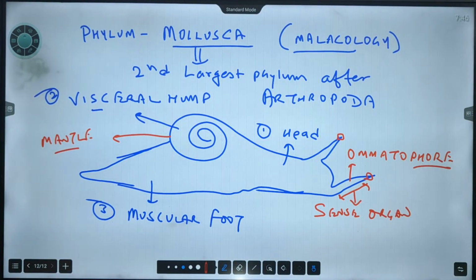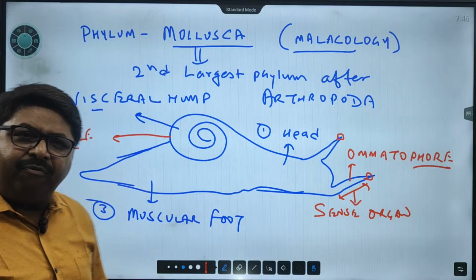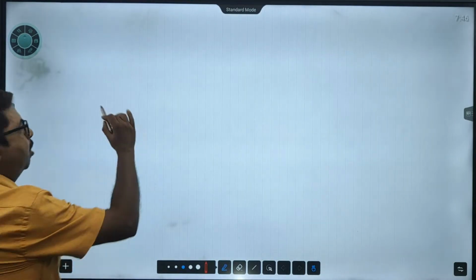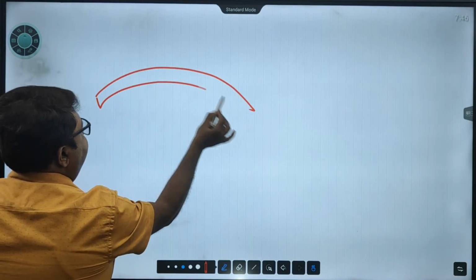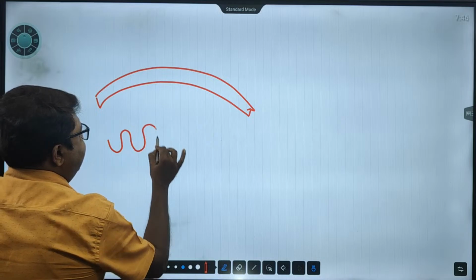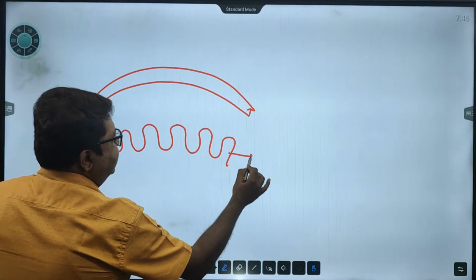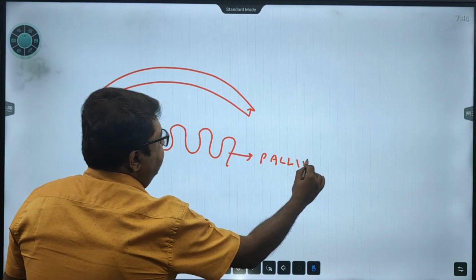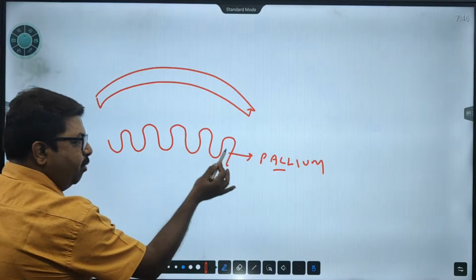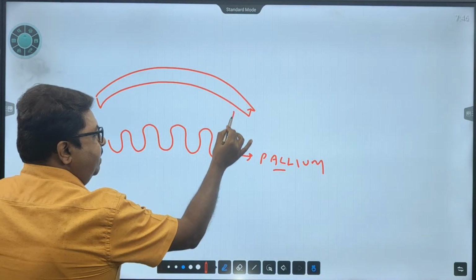This shell is called the mantle. Inside is the pallium, a soft body. And this is the mantle cavity.